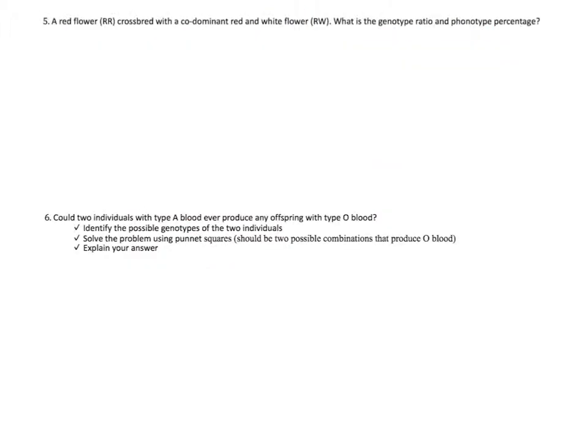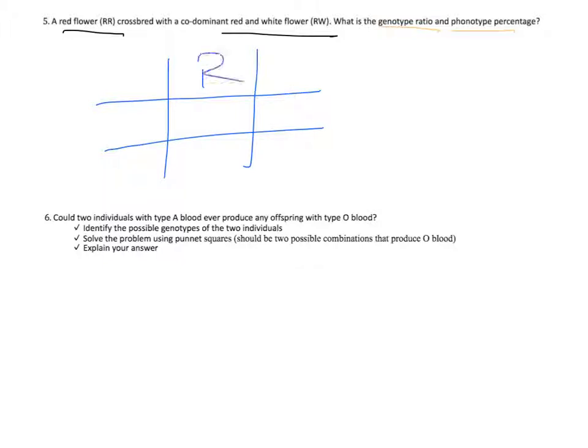Okay, so question number 5. A flower is red, so RR, crossed with a codominant red and white flower, RW. What is the genotype ratio and phenotype percentage of our offspring? So let's draw up our Punnett Square. We've been given the information of the genotypes, so RR and RW.